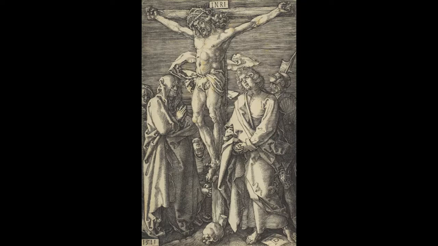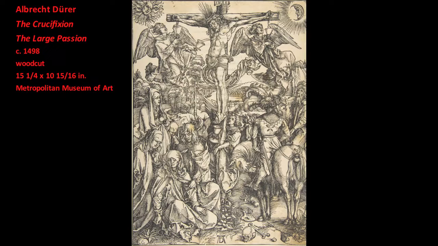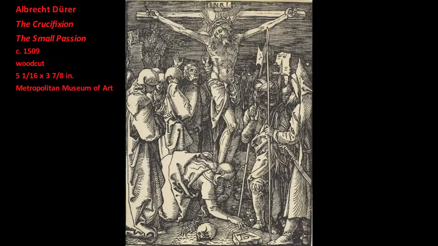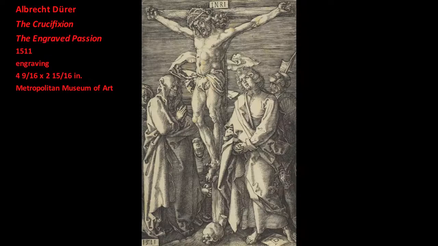Since Dürer so often returned to depictions of the Crucifixion, no subject is better suited to showing how his method matured. To keep within the parameters of this series, this video will compare Dürer's prints of the Crucifixion from his large Passion, small Passion, and engraved Passion.